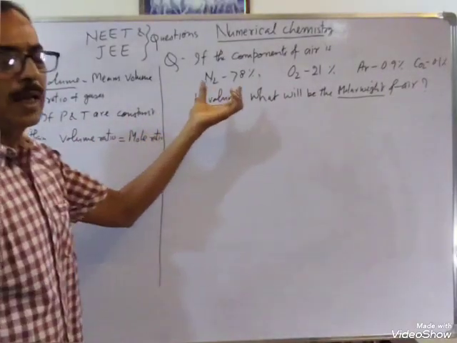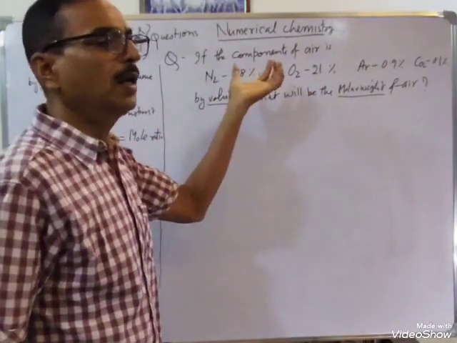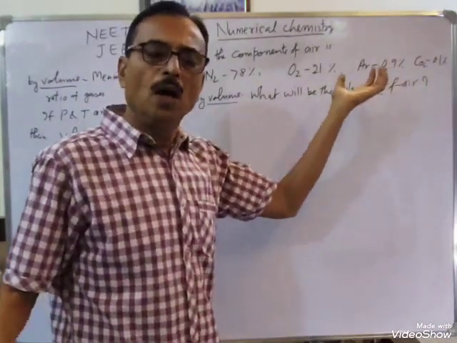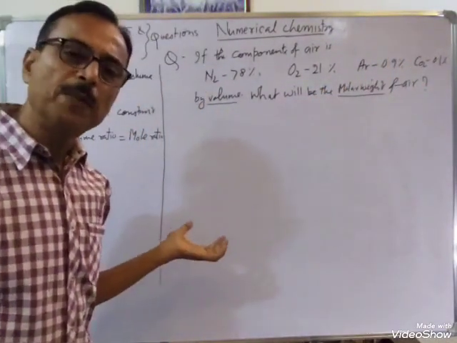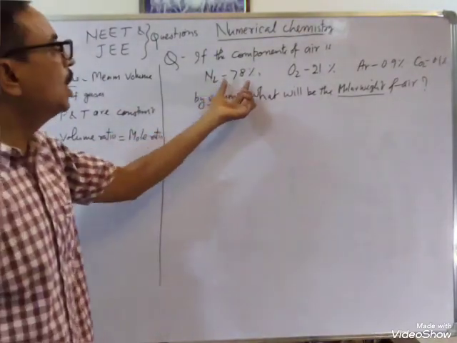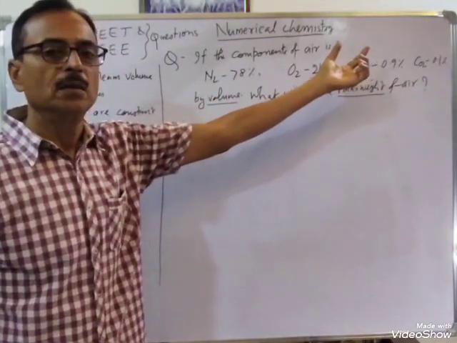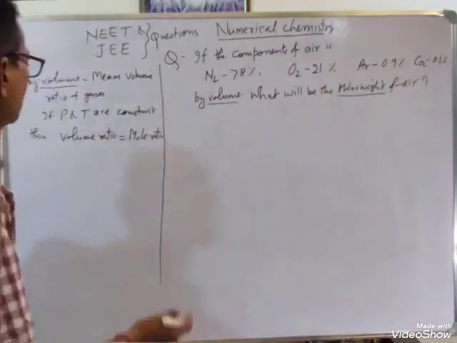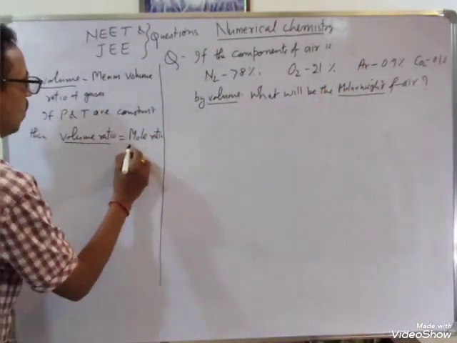So in the case of air, for nitrogen, oxygen, argon, CO2, all are at the same temperature and pressure, so we consider this the mole percent, mole ratio. By volume means mole percent. So it is clear, volume ratio is the mole ratio.